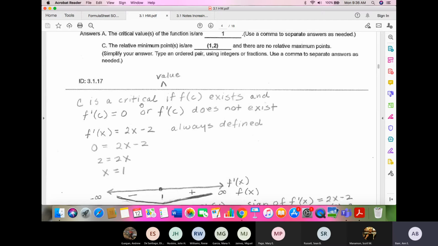There's no guarantee, though, that you're going to have a relative extreme point. They're just candidates.